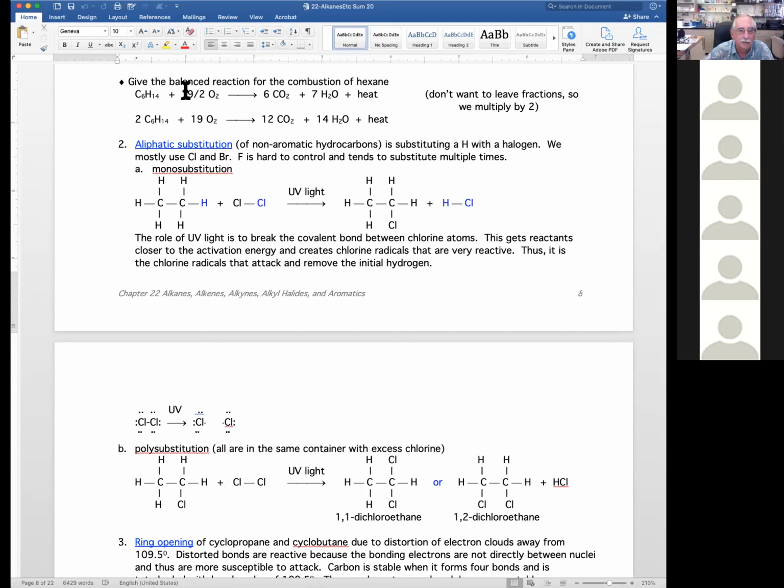So I need 19 oxygens over here, and there's 2 in each one, so that's 19 halves, or 9.5. But we know we cannot have half of an oxygen molecule. But now we have it balanced. This is the equal sign right here. So if I take this whole equation and multiply both sides by 2, then I can get rid of that half right there. See how that works?